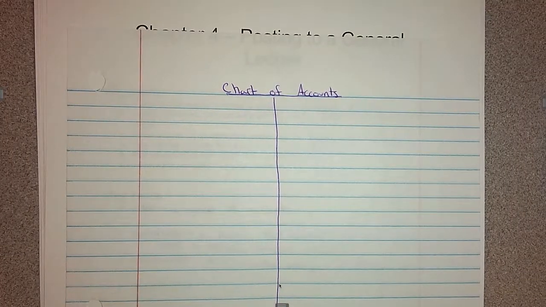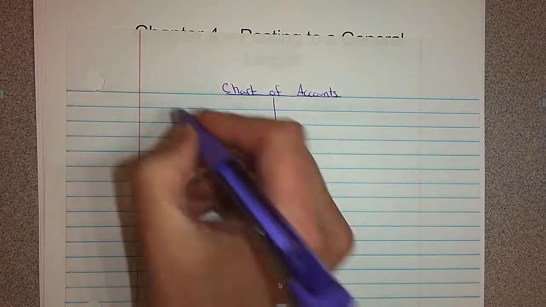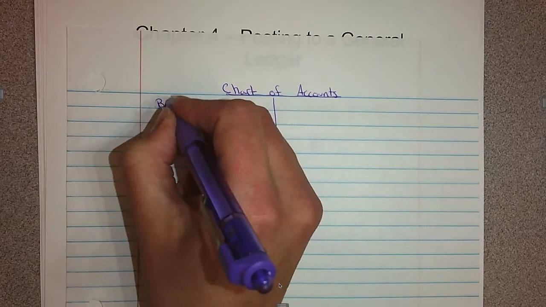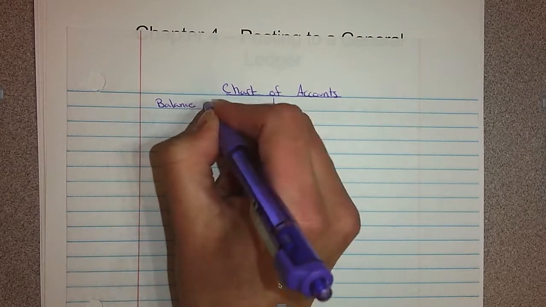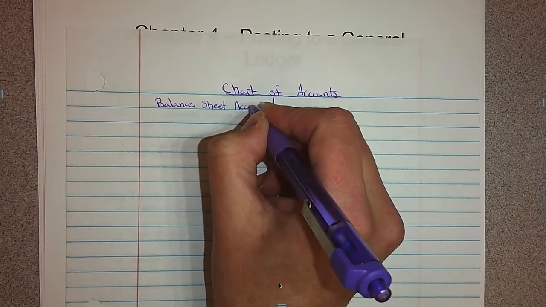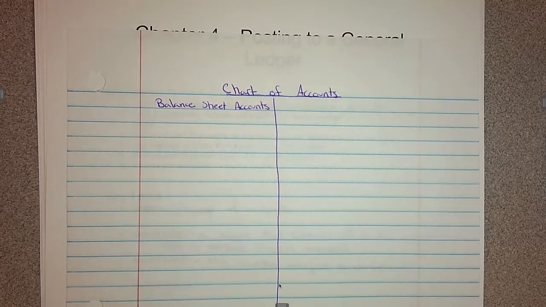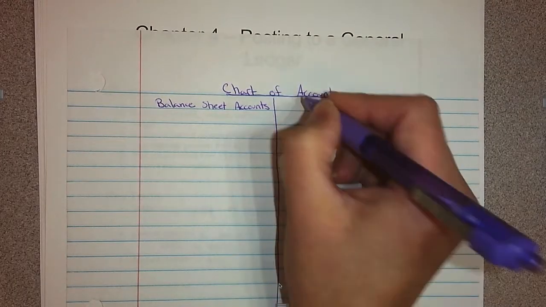Kind of our little dividing line. On the left side of the dividing line, we have balance sheet accounts. So we're going to name this balance sheet accounts. And on the right-hand side, we're going to have income statement accounts.